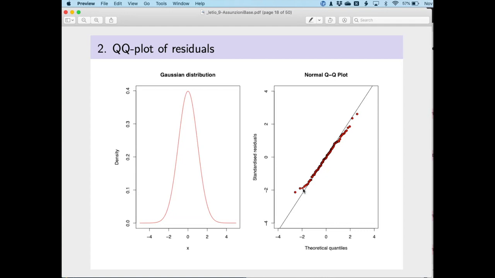A distribution different from a Gaussian might be asymmetric, so we have a distribution which is leaning, like the Pisa Tower, on the right or on the left. Or we could have a distribution that is flatter than the Gaussian or more pointed. So we might have these deviations here.